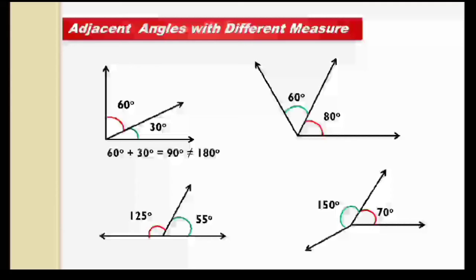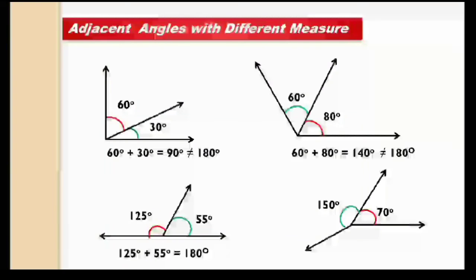Look at this second diagram. In this diagram, if we add 60 degrees plus 80 degrees, we will get 140 degrees. Again, this is not equal to 180 degrees. It means it is also not a linear pair of angles. Look at this third diagram. In this diagram, 125 degrees plus 55 degrees is equal to 180 degrees.